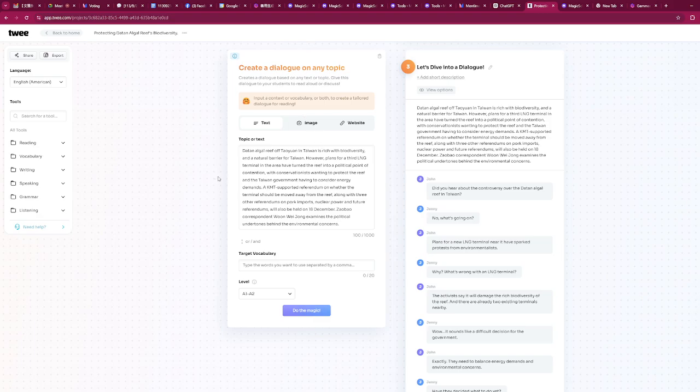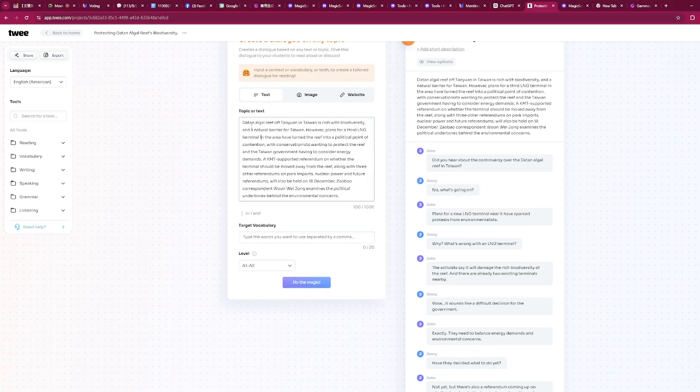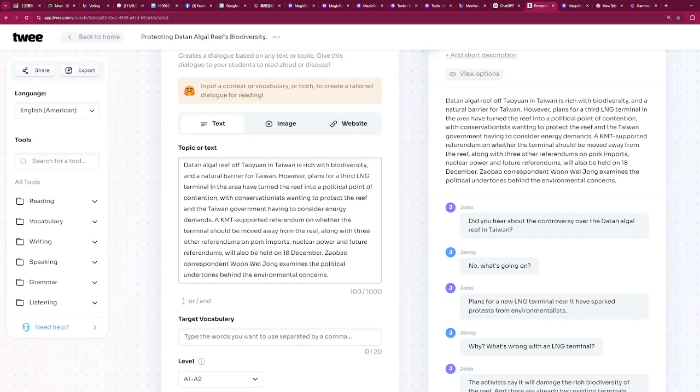All right, but notice that this is something very complicated, but you could use Twee to turn it into a dialogue on a topic. So if I read to you this text, it's Datan Algal Reef off Taoyuan in Taiwan is rich in biodiversity and a natural barrier for Taiwan.